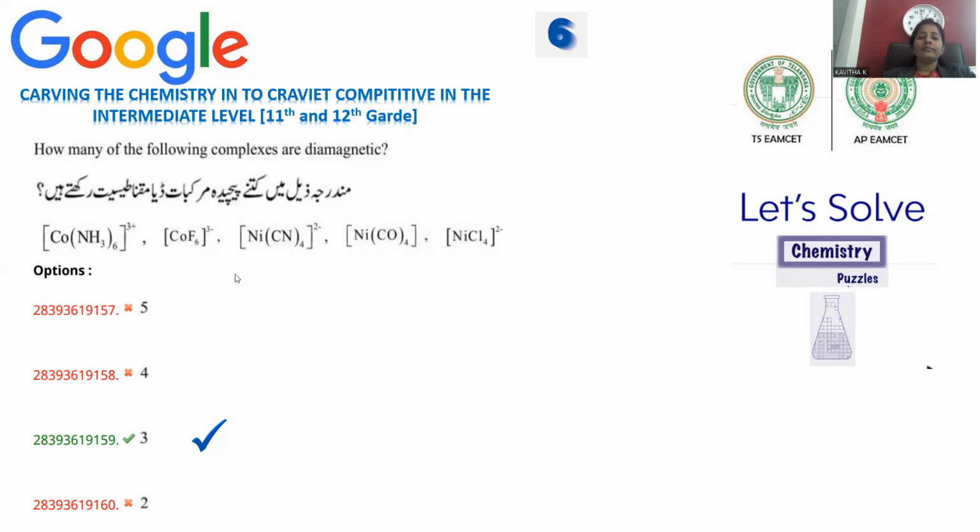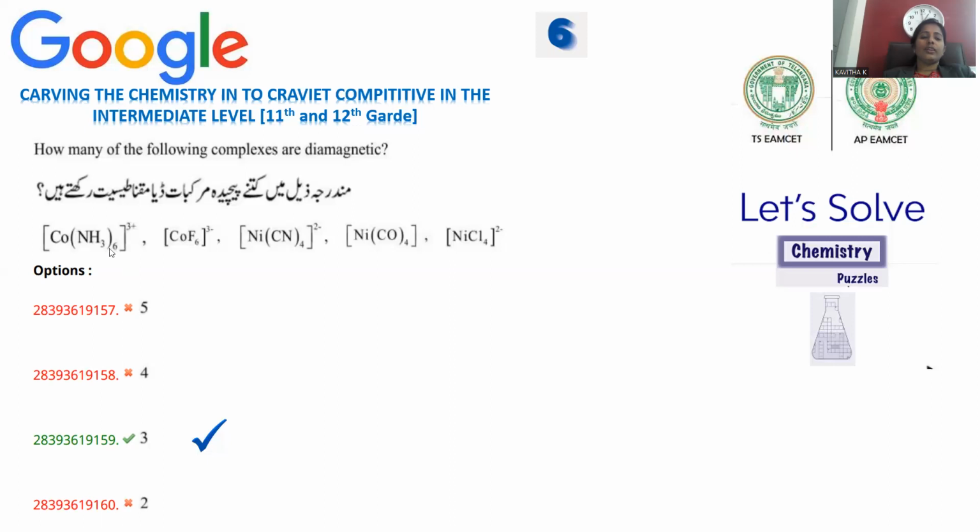So that is the factor related to the magnetic nature of the compounds. The strength of the ligand will influence, and the number of valency electrons and what charge they carry, everything matters for their magnetic behavior. And the expected answer is 3 complexes.